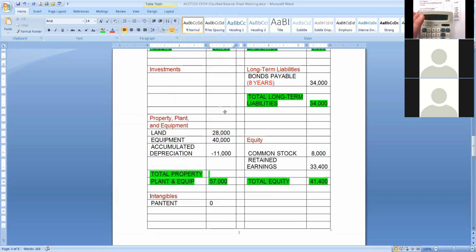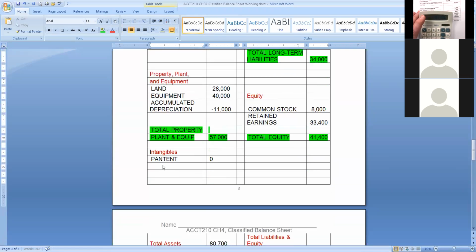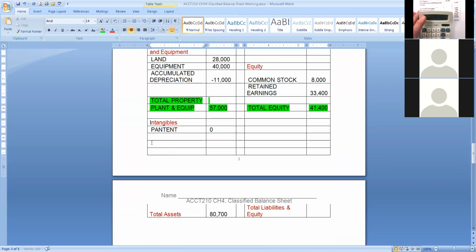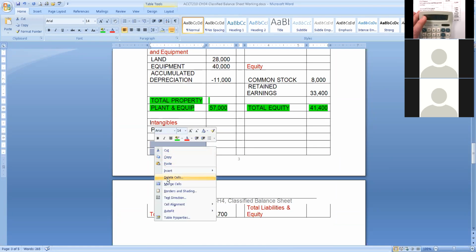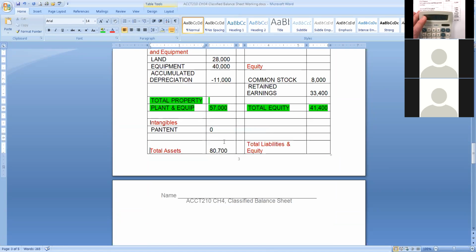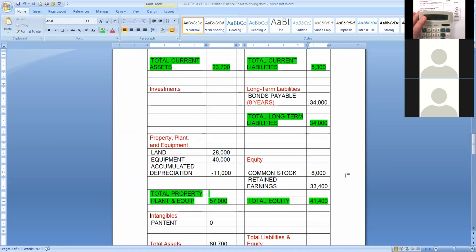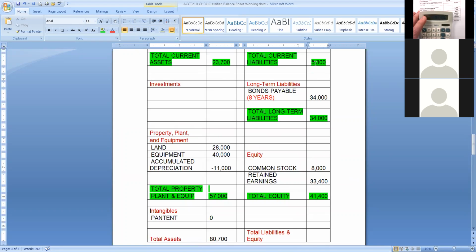Okay, so now what we're going to do is delete a couple of rows here so I can get this on the same page. Okay, so we're going to add up our total current liabilities, our long-term liabilities, and our total equity.